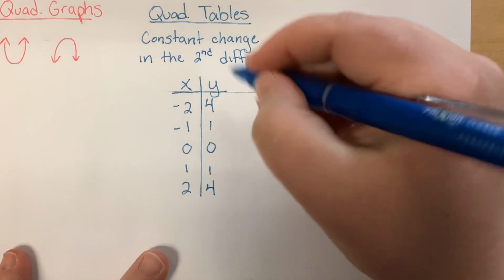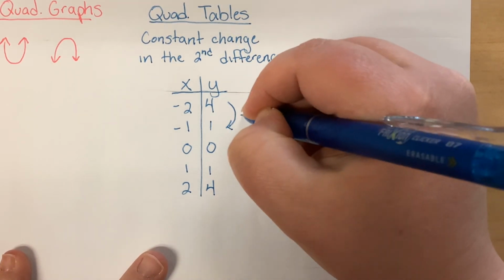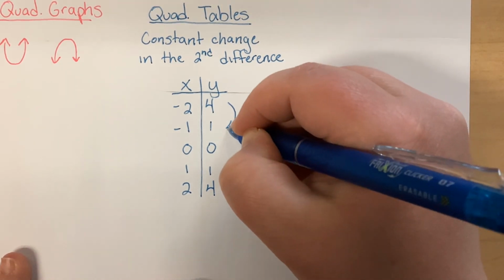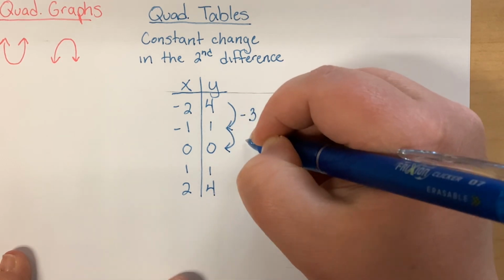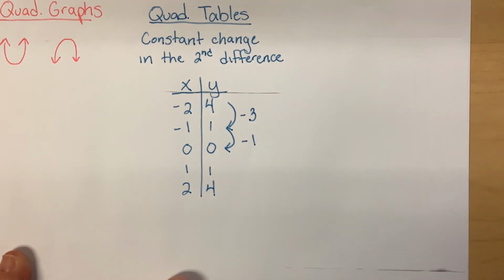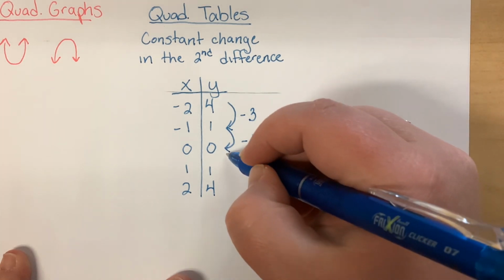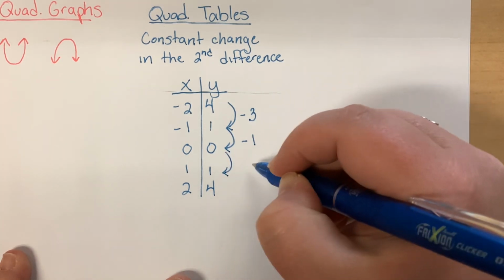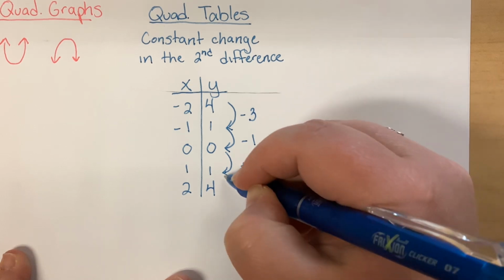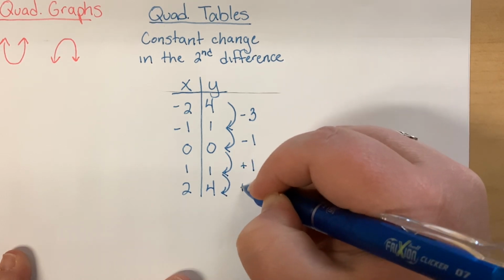Okay, so to go from 4 to 1, I know I have to subtract 3. To go from 1 to 0, though, I don't subtract 3, I subtract 1. So I already know this is not linear because it's not a constant rate of change in the first difference. From 0 to 1 is adding 1, and from 1 to 4 is adding 3.